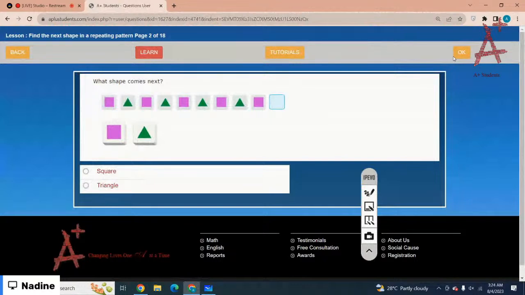Which is the correct option? The next one is triangle, right? Right after square, you have a triangle.